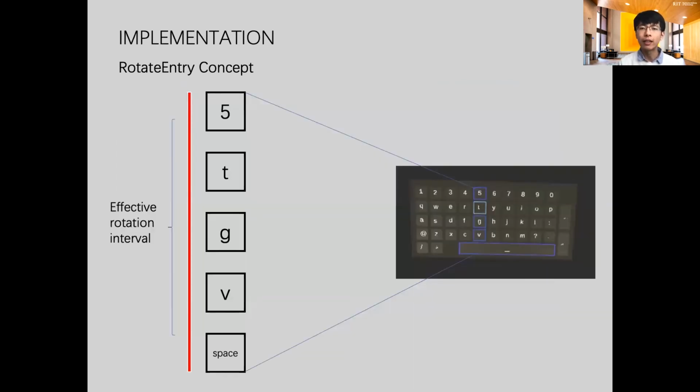By dividing the effective rotation interval by the number of rows or columns of the virtual QWERTY keyboard, a specific rotation interval was allocated to each key. The key whose allocated interval includes the controller's current effective input will be highlighted at a time.